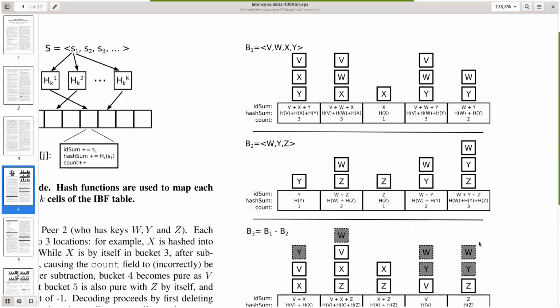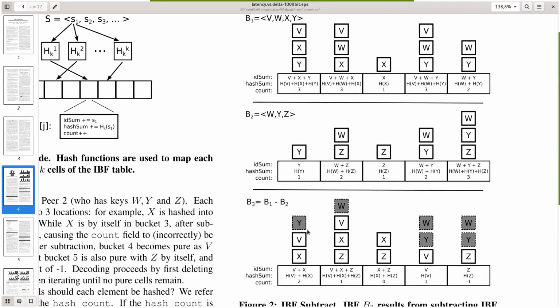And finally, now that we know what an invertible Bloom filter is, the big thing that this paper provides, the key insight or the key construction component, is they define subtraction for IBFs, which is actually very simple. You subtract the counts and you XOR the different sum fields, the ID sum and the hash sum, so that if you have, like this diagram shows, cells that have the same element, they'll cancel out.